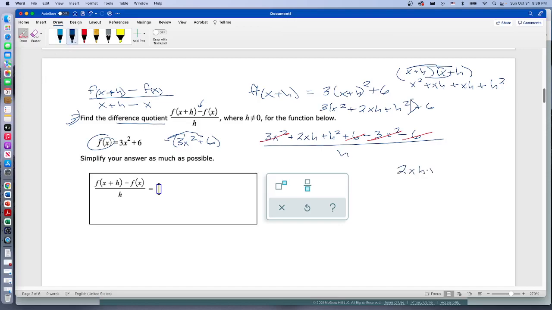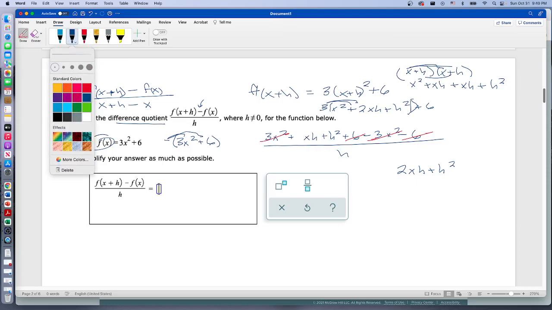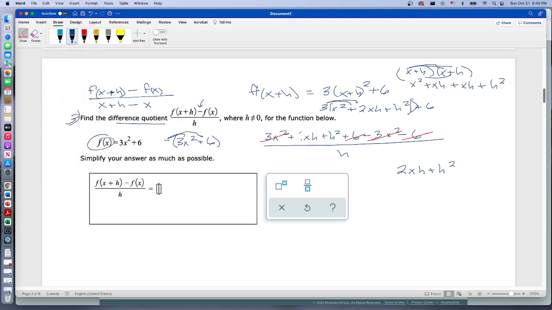2xh plus h squared. Oops, sorry. I said I needed to distribute this 3 through, and I didn't really do a good job. So let me back up here a little. This is not just 2x. This is 3 times 2, which is 6.